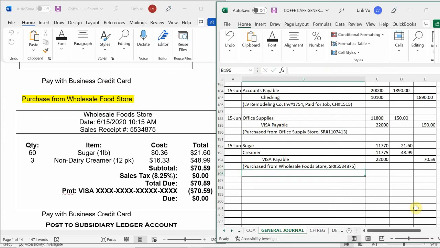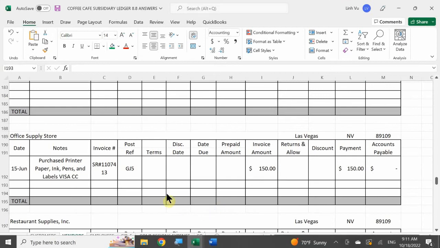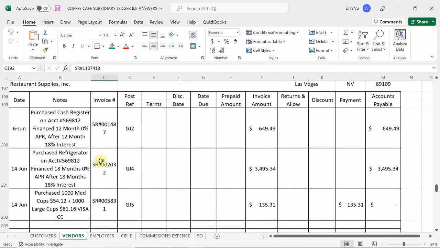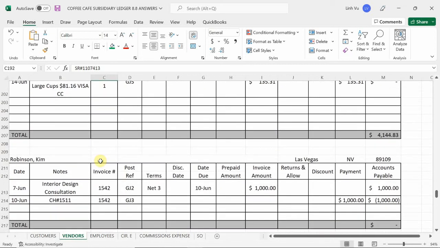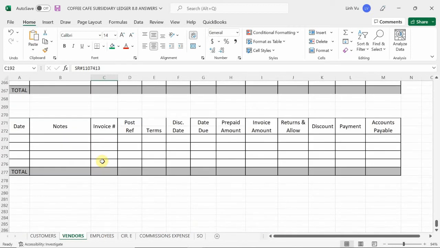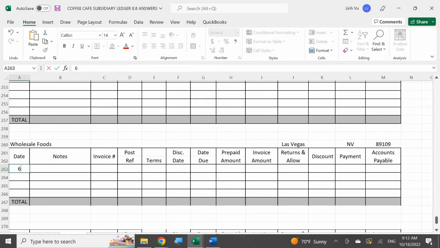Okay, you're going to go to your subsidiary ledger. Which one, subsidiary ledger or ledger? The subsidiary. And you're going to go into wholesale foods, and you're going to put sugar and creamer.